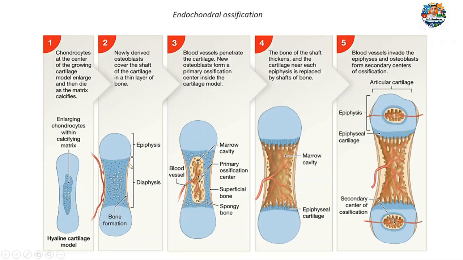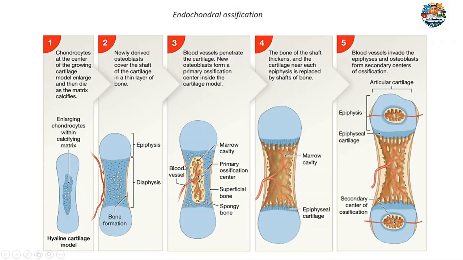So you see in the outer layer of this diaphysis, new bone formation is there by the osteoblasts. After that, blood vessels will penetrate into this bone model, and along with that, the osteoblasts will also enter the bone model and start forming new bone, forming the primary ossification center.